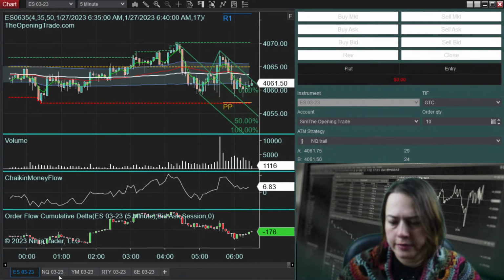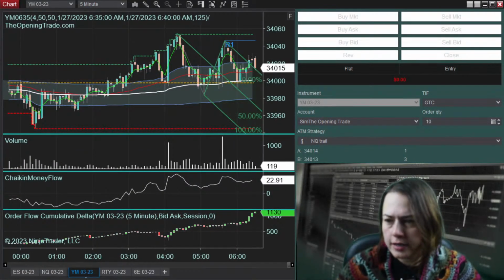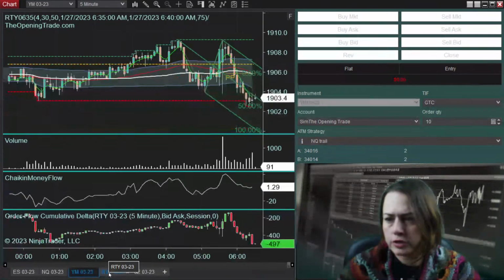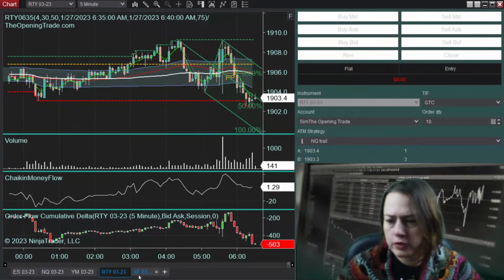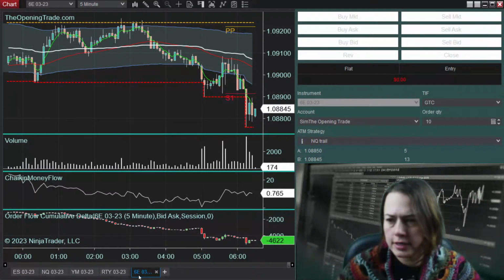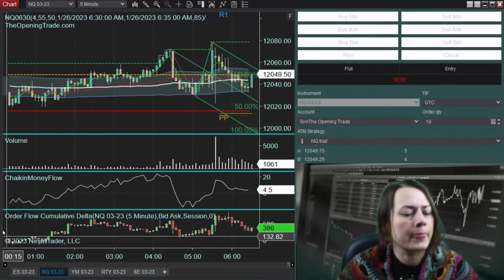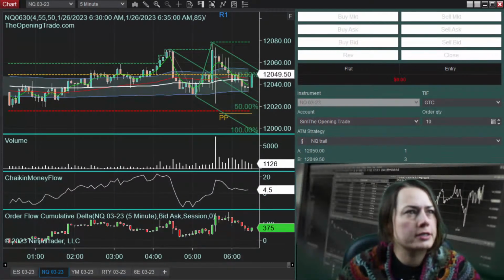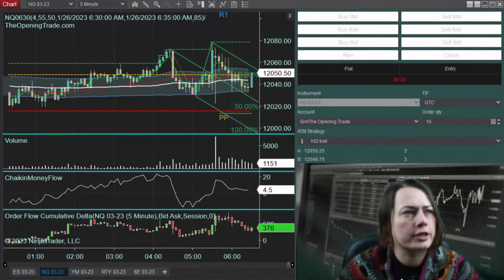We have our S&P 500, the Dow Jones futures, and the Russell 2000 futures. The last chart here is the euro versus the US dollar, showing the euro. We have less than 4 minutes before the first automated trade could fire off, and it will be seen on the NASDAQ futures if the parameters are met for the automated trading system.